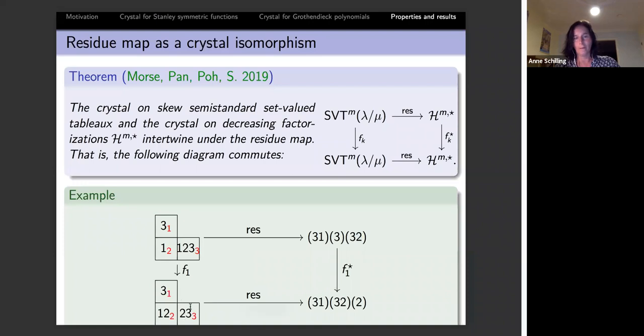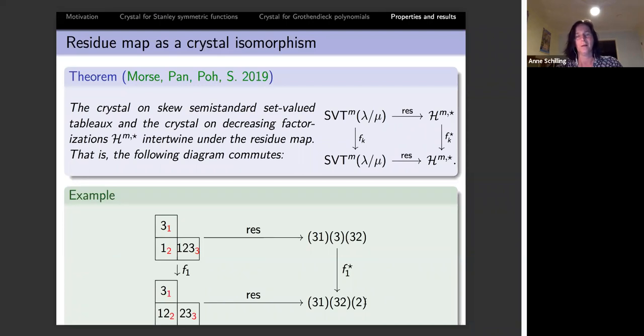So if I do the residue map here, and now here I do our crystal, which remember said that a 3, 3, 2 goes to a 3, 2, 2, then this diagram commutes.